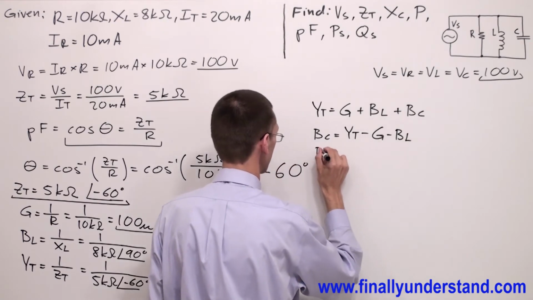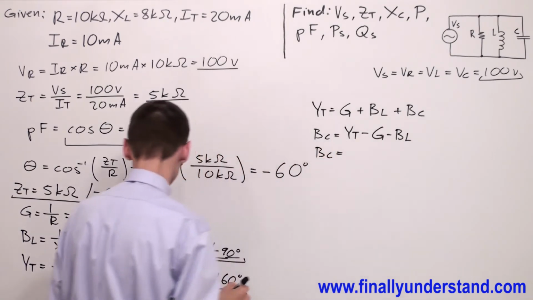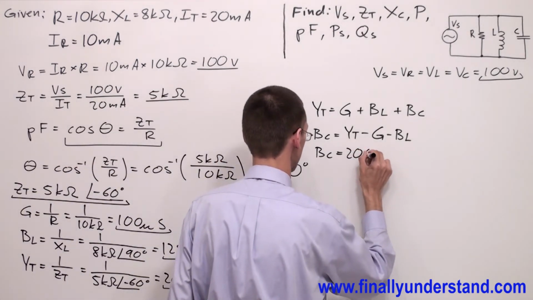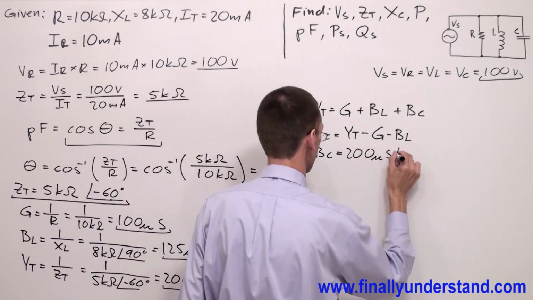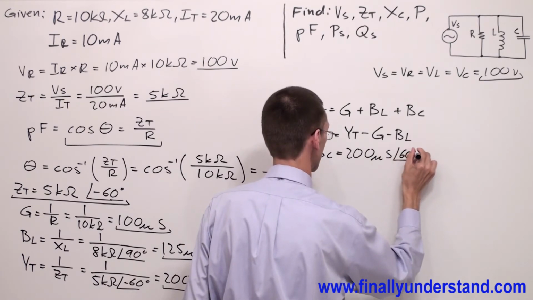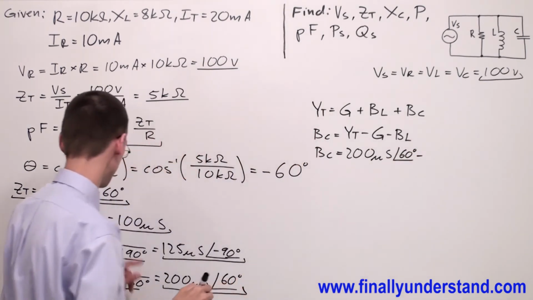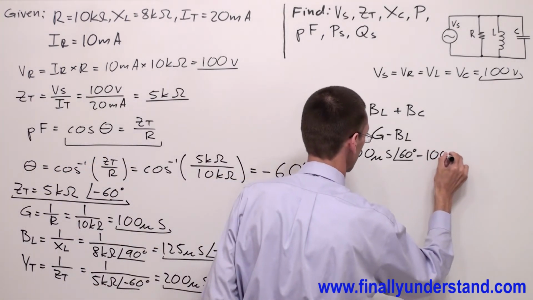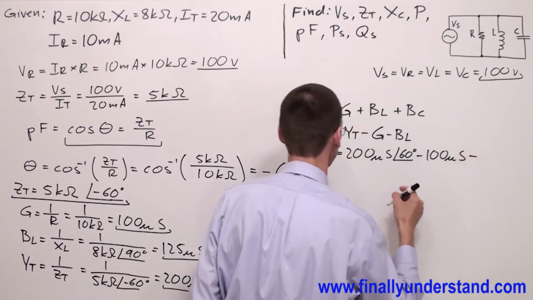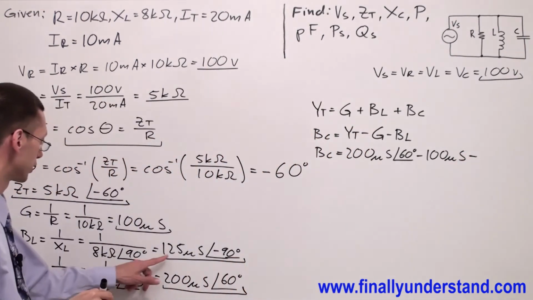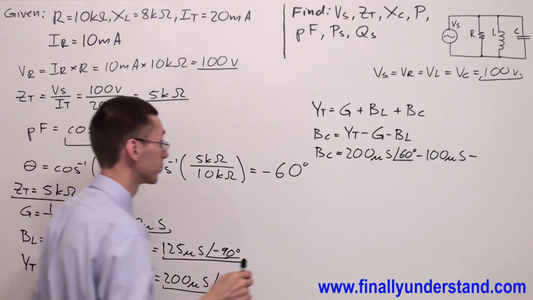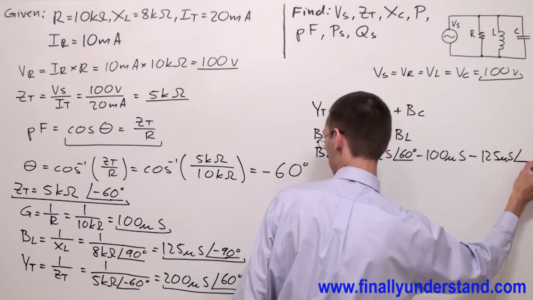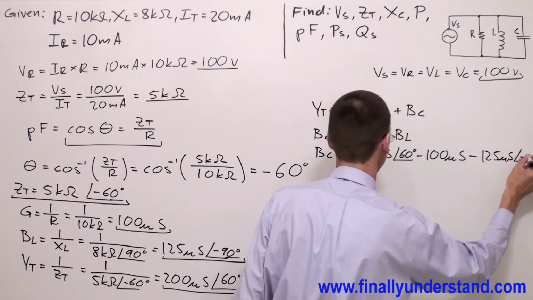So I have BC is equal to Y total, 200 microsiemens and angle of 60 degrees, minus G, which is equal to 100 microsiemens, minus BL, which is equal to 125 microsiemens and angle of negative 90 degrees.